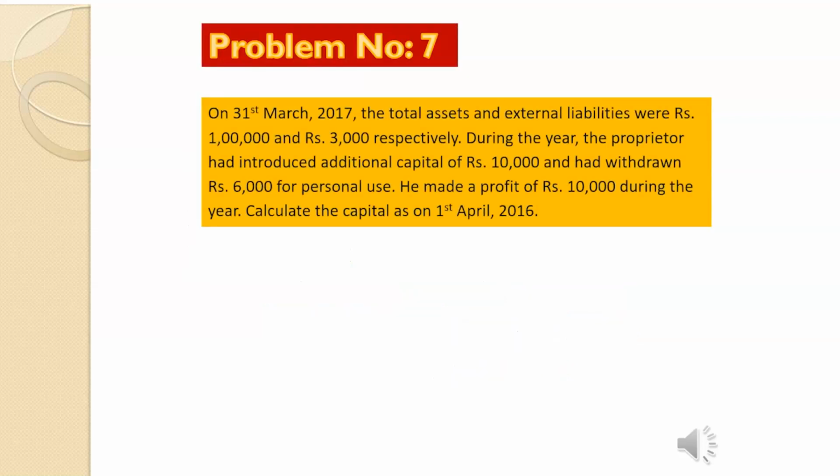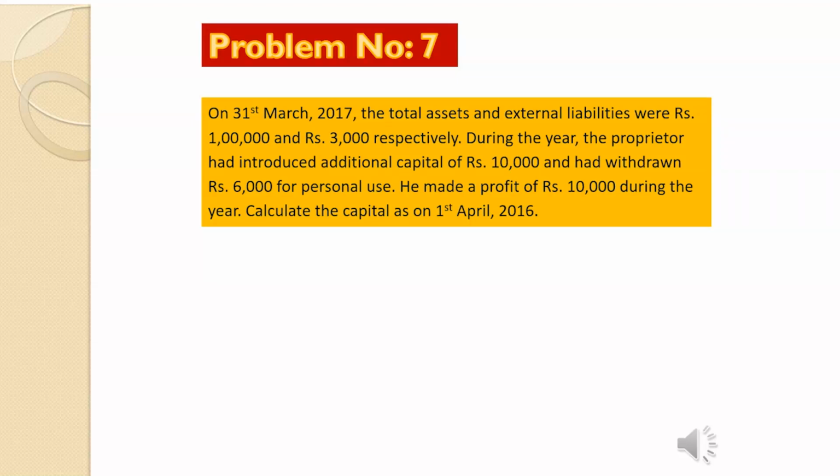The next problem: on 31st March 2017, total assets and external liabilities were rupees 1 lakh and rupees 3,000 respectively. During the year, the proprietor introduced additional capital of rupees 10,000 and withdrew rupees 6,000 for personal use.